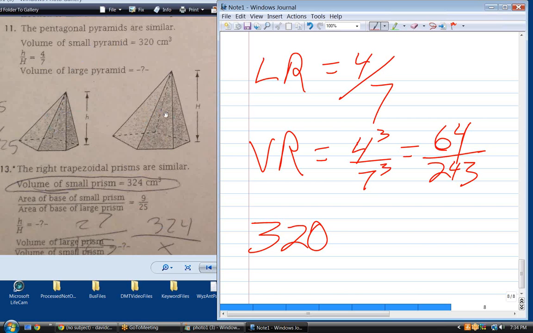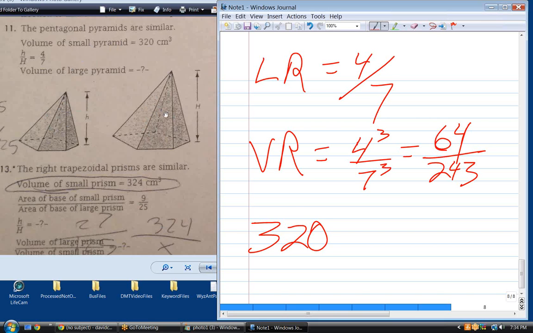So how do I get the volume of the big one? Set up a cross multiplication or whatever. Well, you know what? There's almost an easier way to remember it. And that is, you either multiply by the volume ratio or the reciprocal of the volume ratio, depending on whether you're finding the small one or the big one.